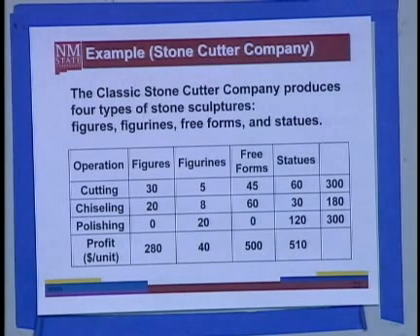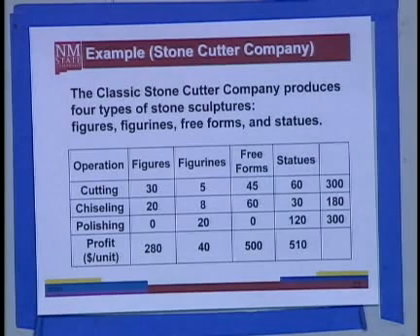The classic stone cutter company produces 4 types of stone sculptures. They are figures, figurines, freeforms, and statues. And each product requires the following hours of work for cutting and chiseling stone and polishing the final product.